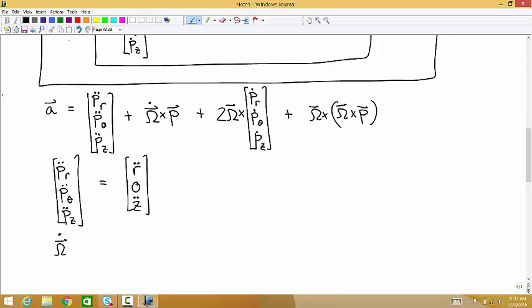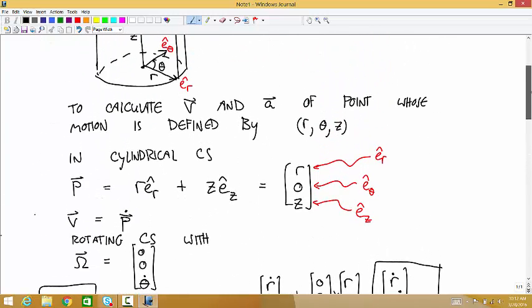What's the angular velocity of the coordinate system, dotted? We know that this is the angular velocity. So what do you get if you take the time derivative of the angular velocity vector? Yep.